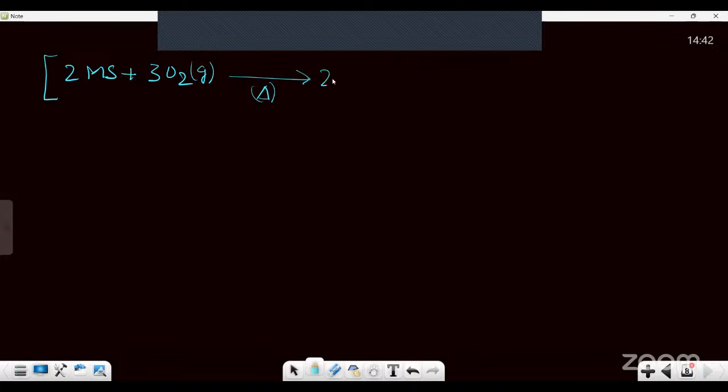Then only your sulfide is going to get converted to oxide. And SO2 is a gas, so it will definitely come out of the system.